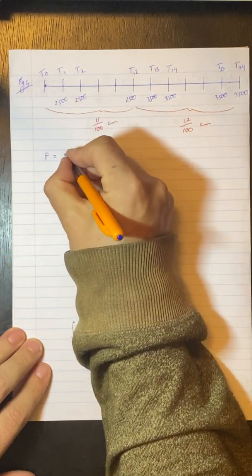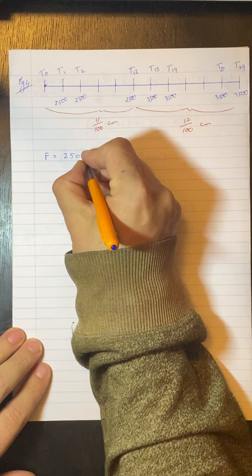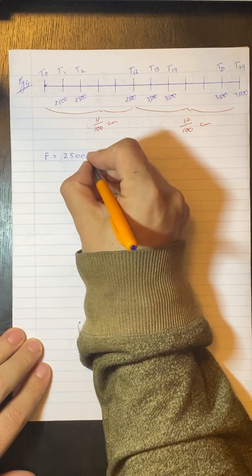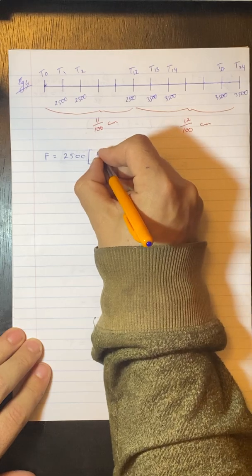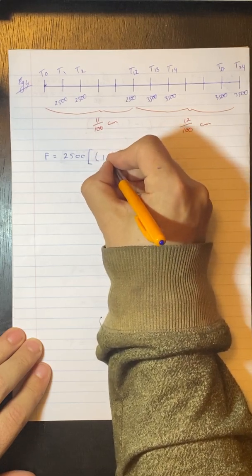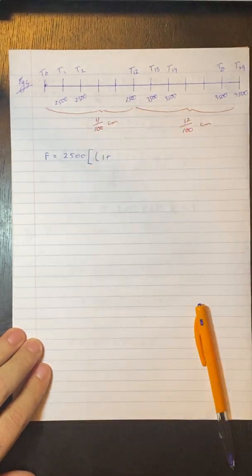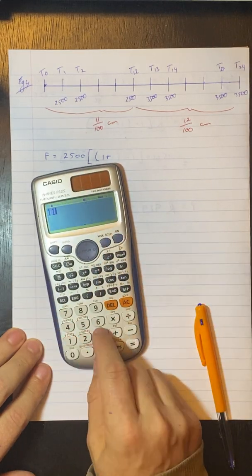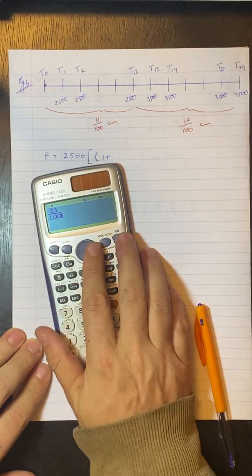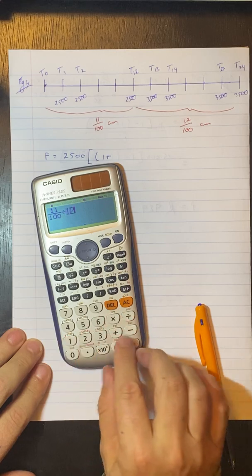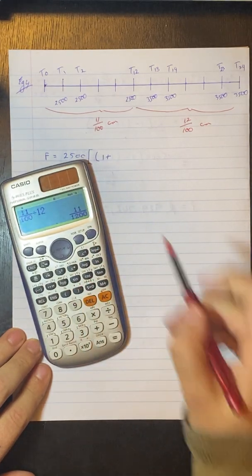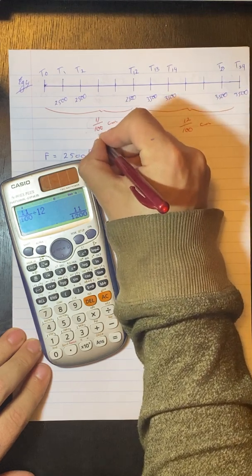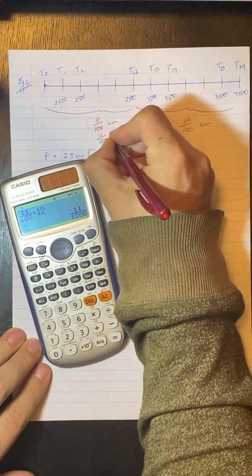So he's paying in 2,500 Rand, and I'm using the future value formula, and we've got 1 plus, now I just want to work out what that interest rate is. So it's 11 over 100, divide that by 12, and we get 11 over 1200.